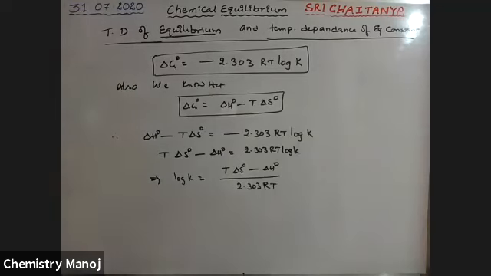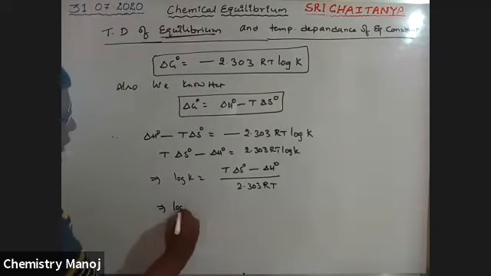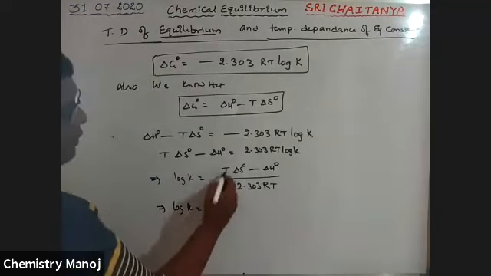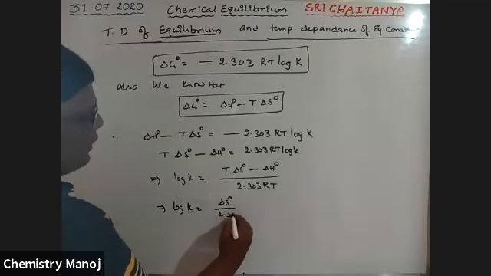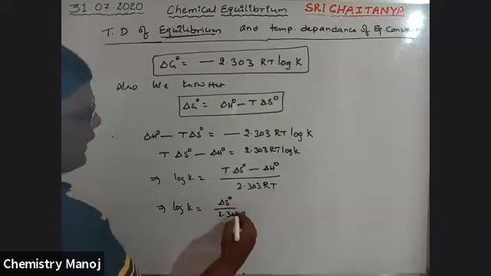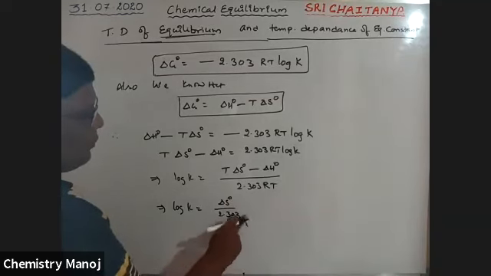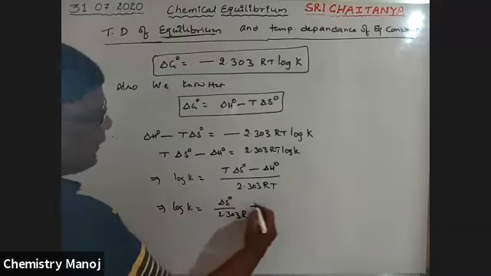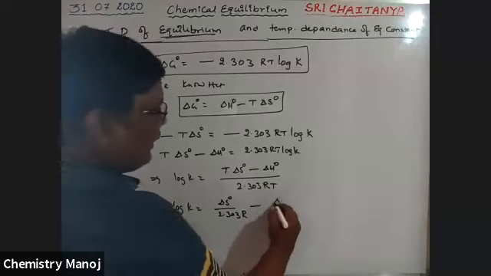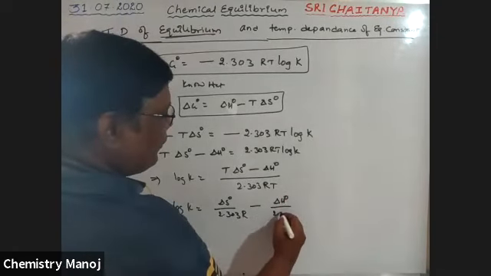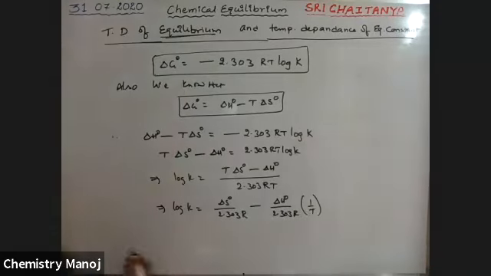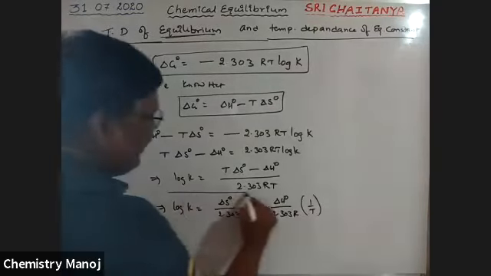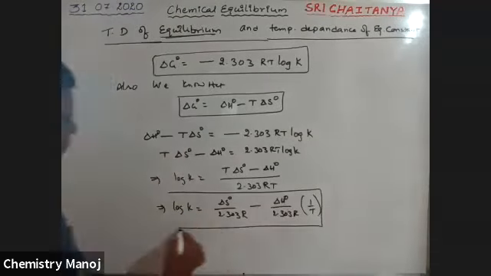So that implies log K is equal to delta S naught by 2.303 R, where T and T get cancelled, minus delta H naught by 2.303 R into 1 by T. This is a very, very important relation, my dear boys.